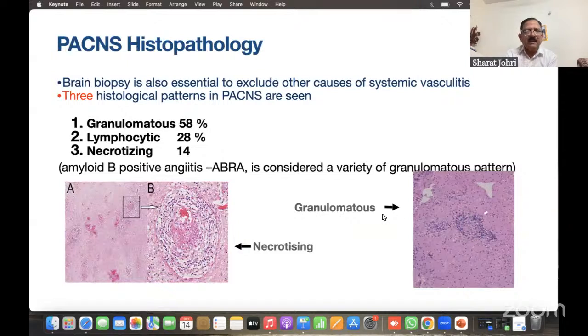There can be a lymphocytic variety, when there is a lot of lymphocytic infiltration around the vessel, which is around 28%. Another variety is the necrotizing variety, in which there is some fibrinoid necrosis in between. So there are three varieties: granulomatous, lymphocytic, and necrotizing. The granulomatous variety is the commonest histopathologically in CNS vasculitis.